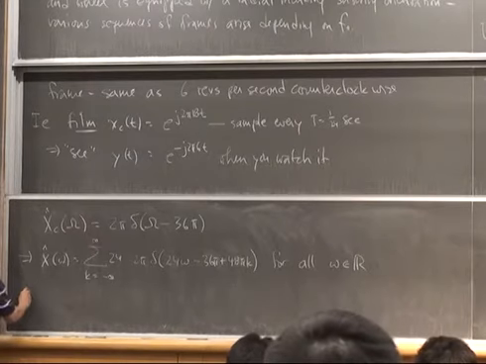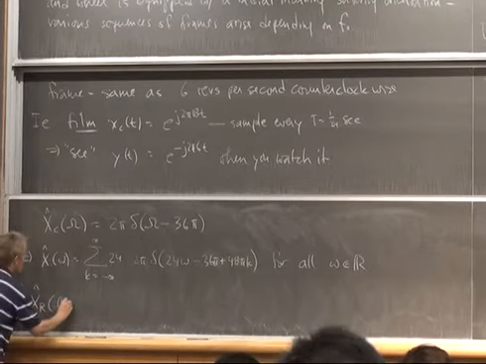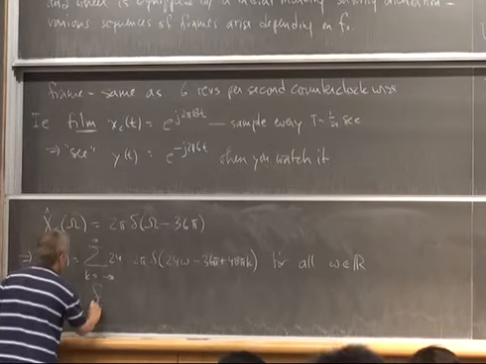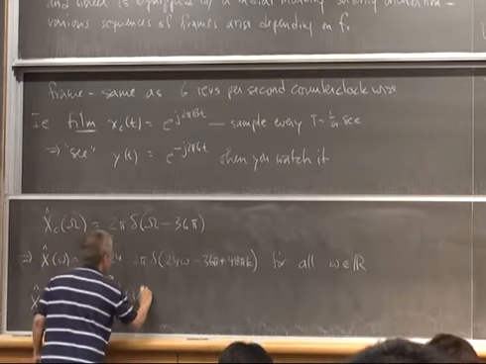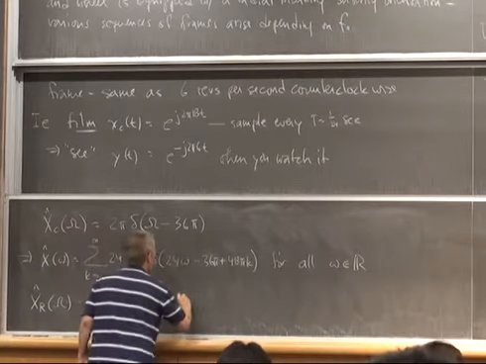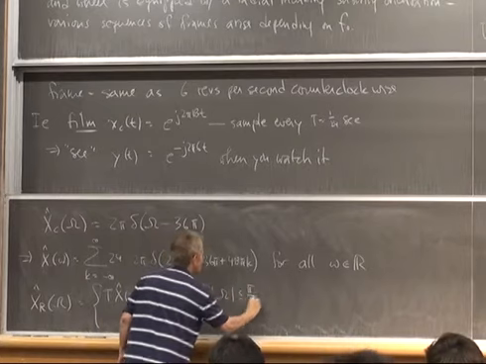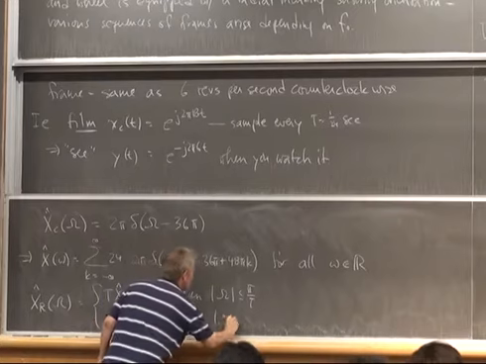Okay, now what about xr hat? xr hat of capital Omega is equal to, this is from last time, t x hat of capital Omega times t when omega is less than or equal to pi over t, and 0 when omega is bigger than pi over t.